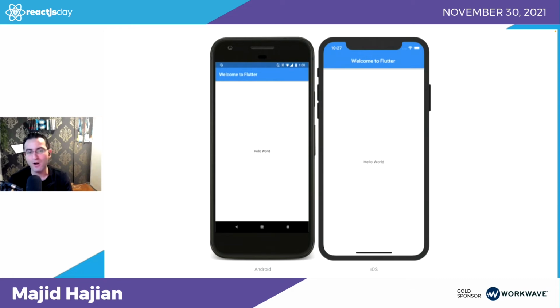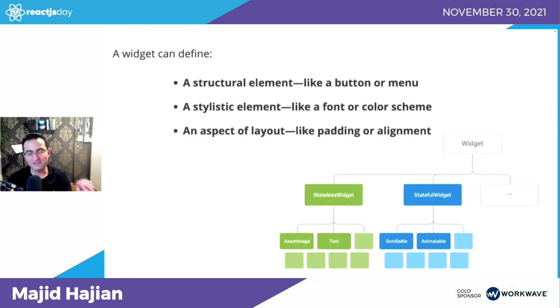Then you will get an app bar, and you will get a text in the center. What I'm trying to say here is the widget in Flutter is defining three things. It can be a structural element that is going to tell you, for example, if you need a column, a row, or stuff like that. Or it can be stylistic, so you can say, oh, for my widget, I need a background, or I need a text to be bold, etc. Or it might be some type of aspect of a layout.